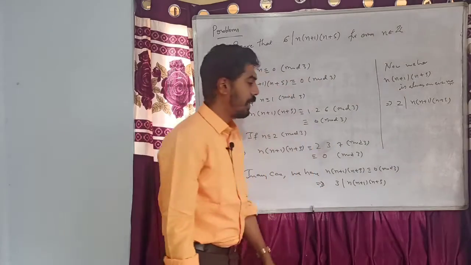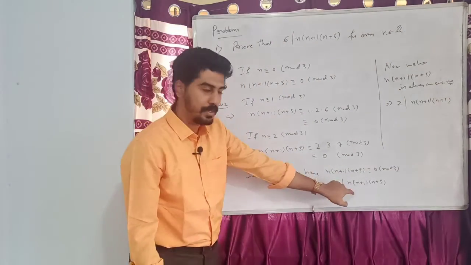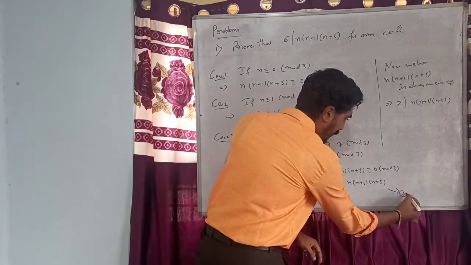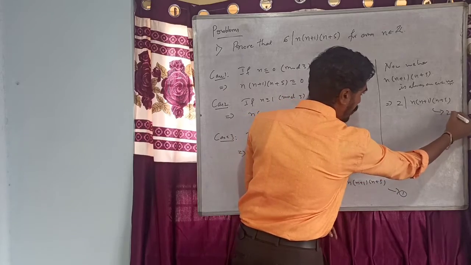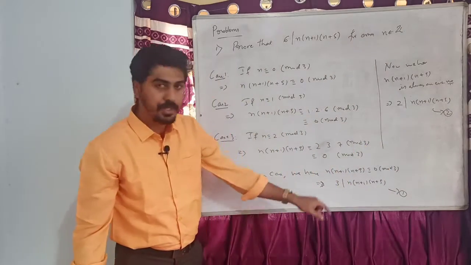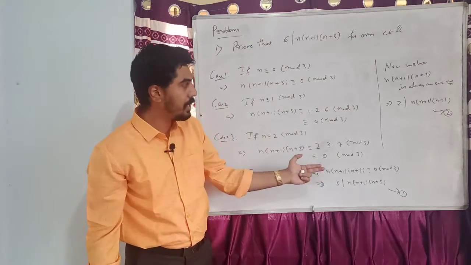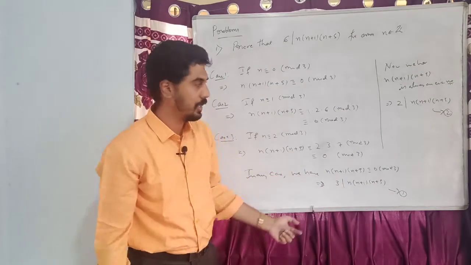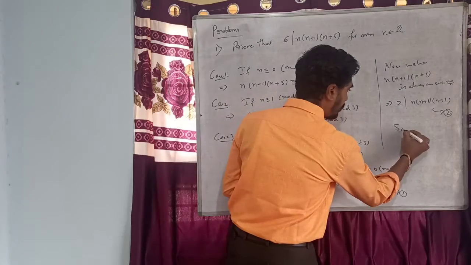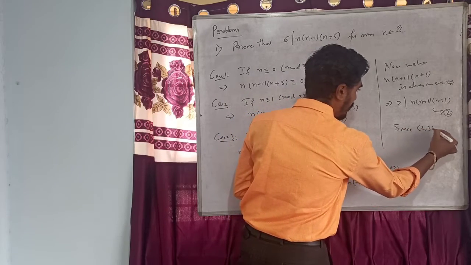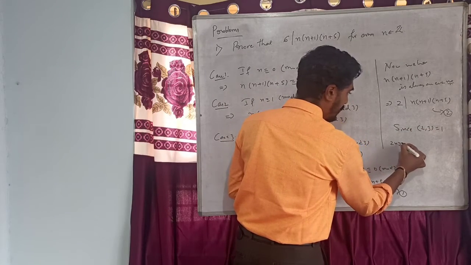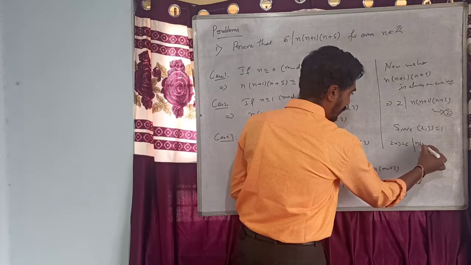Okay. First, let us consider this as 1 and let us consider this as 2. Now, since the GCD of 2 and 3 is equal to 1, the product of 2 and 3 should divide this product. Since GCD of 2 and 3 is 1, 2 into 3, which is 6, should divide this product.